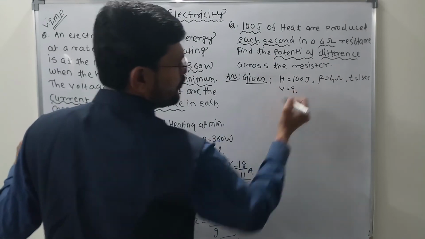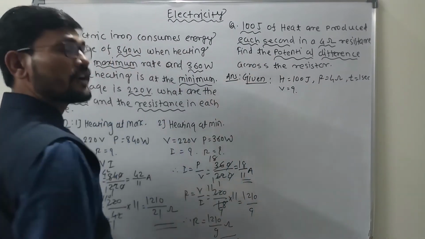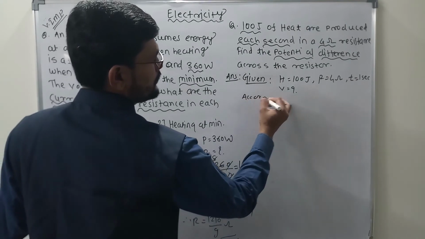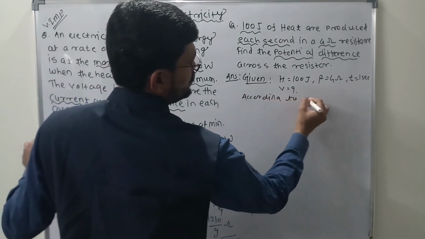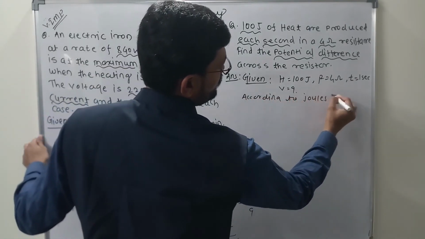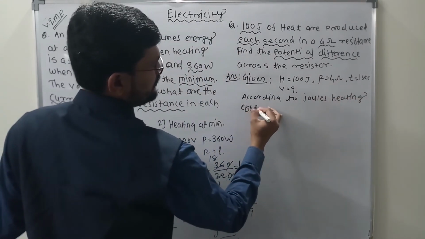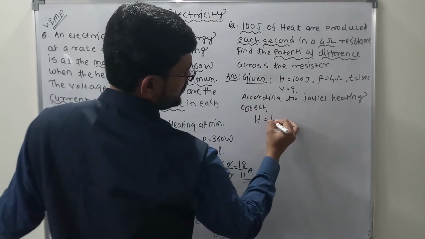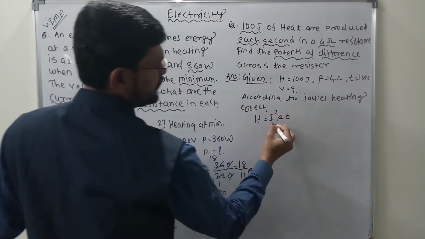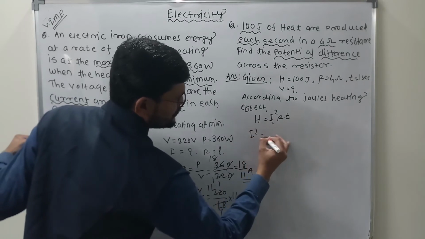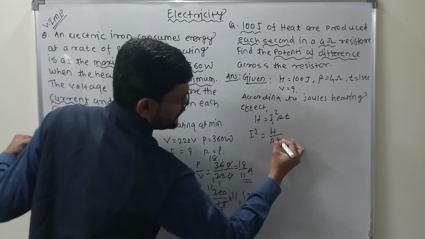So then, what do we have to calculate? V is equal to what? To calculate V, we want I, and that I can be calculated using this. So according to Joule's heating effect, H is equal to I square RT. Now write this formula in terms of I square. I square is equal to H divided by RT.